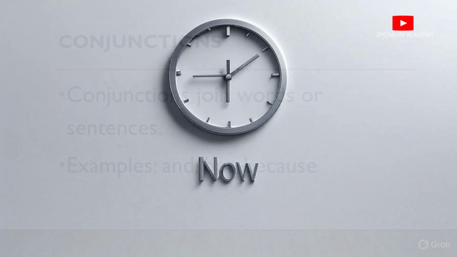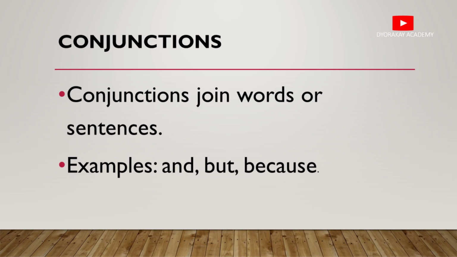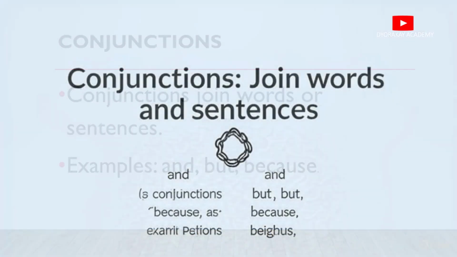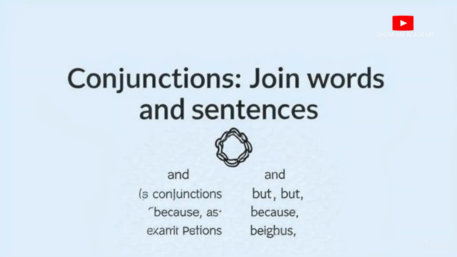Now, what about conjunctions? Conjunctions are the connectors of language. They join words, phrases, or sentences together. For example, I like tea and coffee. She's tired but happy.